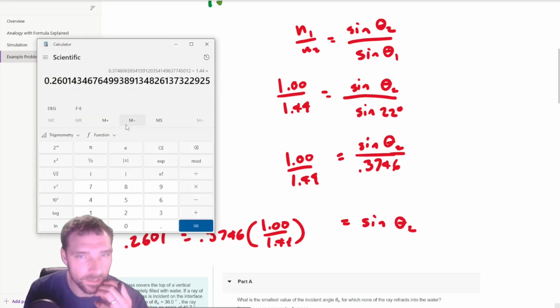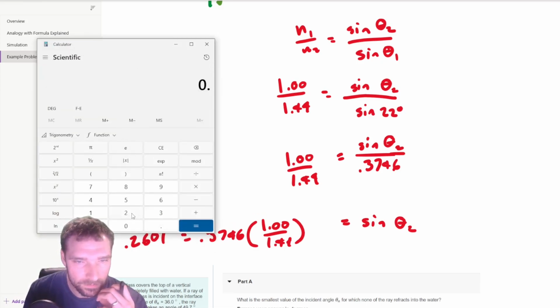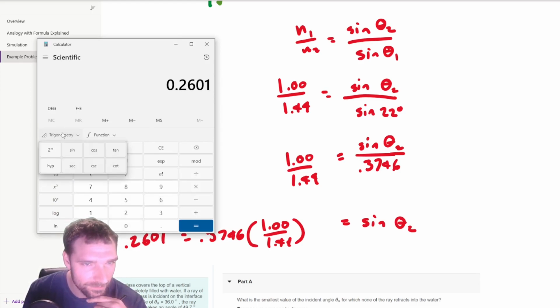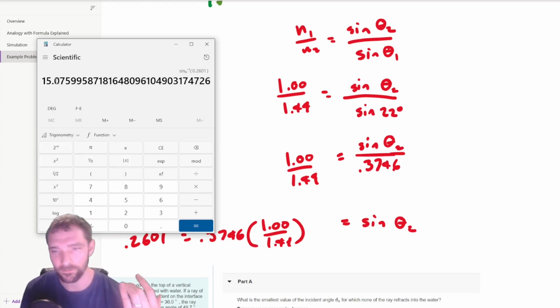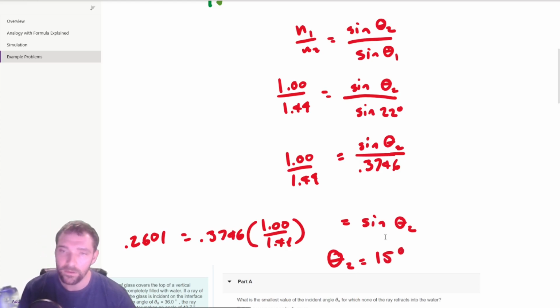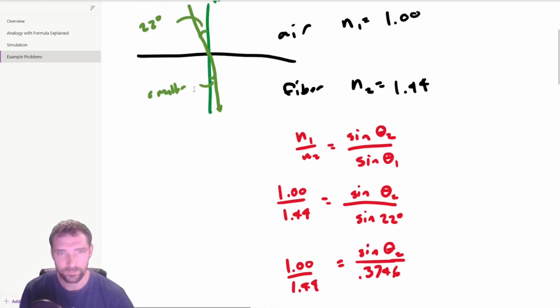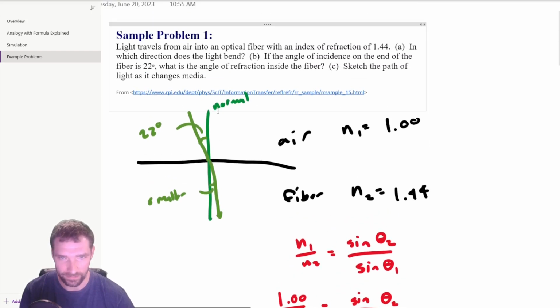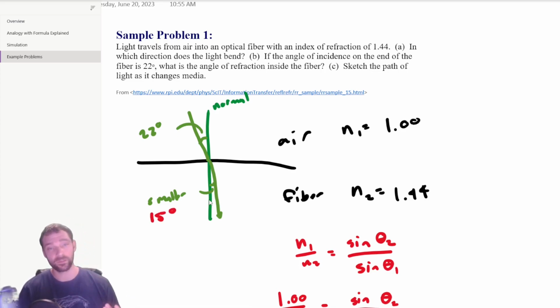So if we take 0.2601 and we do the inverse of our trig function, the inverse of sine, then we get an angle of 15 degrees. So theta 2 is about 15 degrees relative to that normal, or that first green line that I drew in. So we are able to see that this smaller value right here was 15 degrees, which conceptually makes sense. The more dense thing should have the smaller angle.